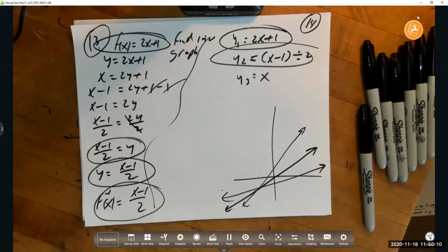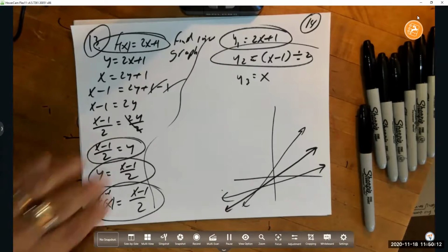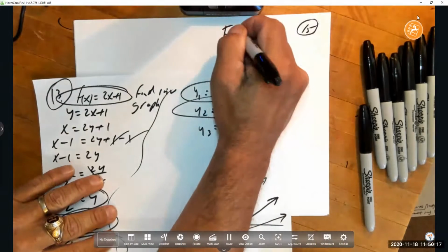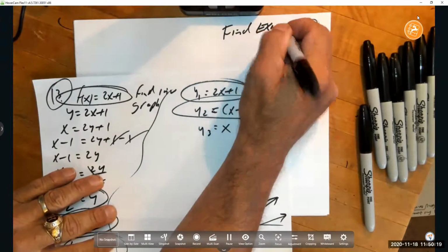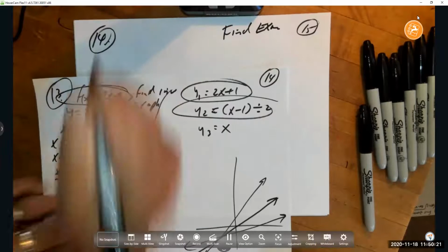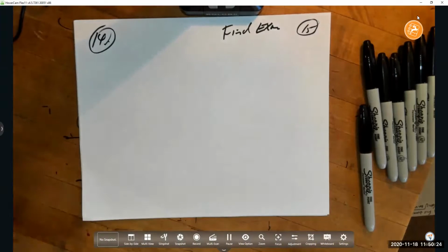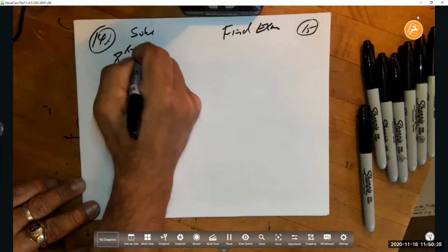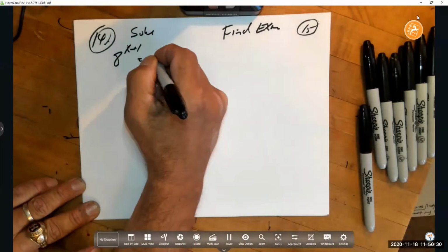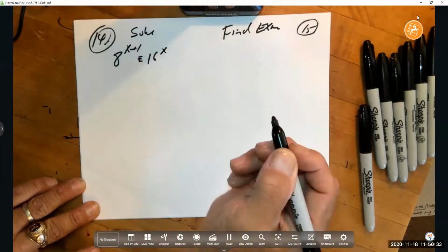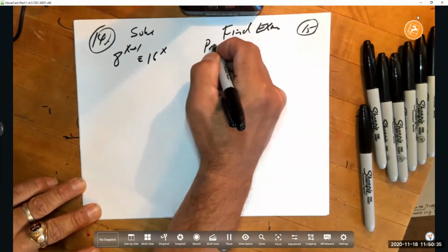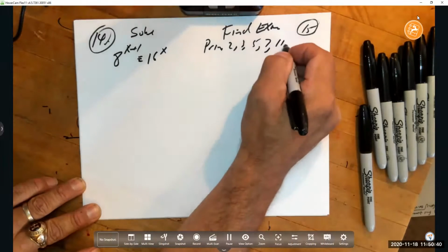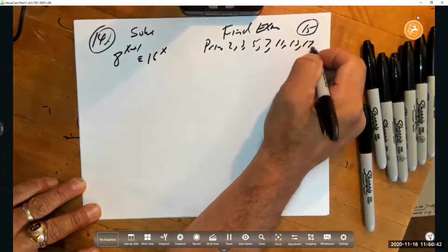All right, 15. This is one of the, again, final exam, number 14. It says solve 8 to the x plus 1 equals 16 to the x. All right, so prime numbers first: 2, 3, 5, 7, 11, 13, 17.